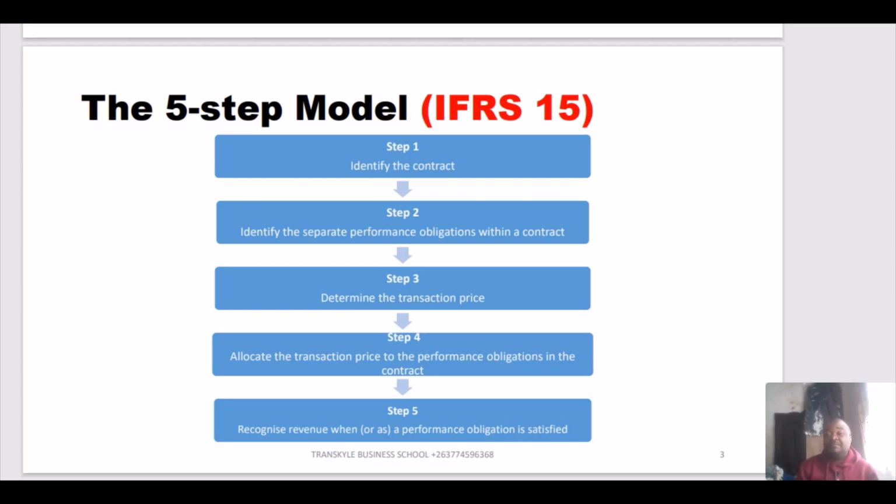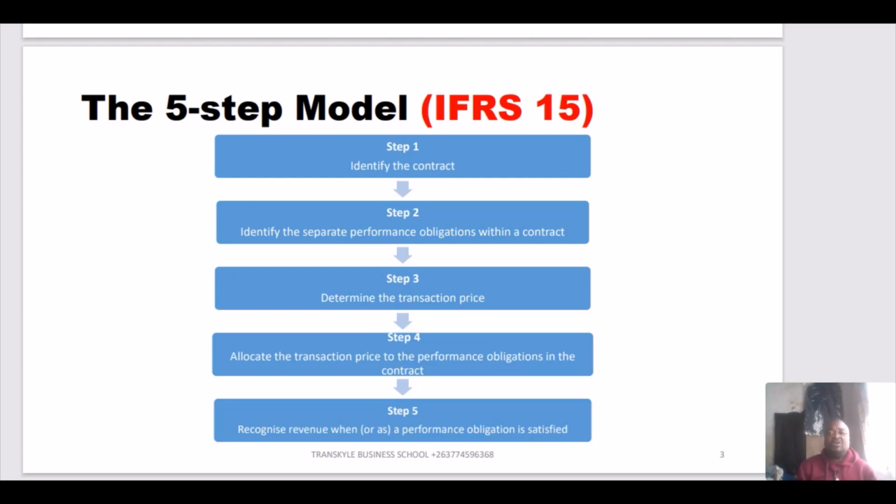So if at any step you can't satisfy that particular step, then you cannot recognize that transaction as revenue. For example, if at step number 2 you can't satisfy the requirements there, then you must stop recognizing that transaction as revenue.